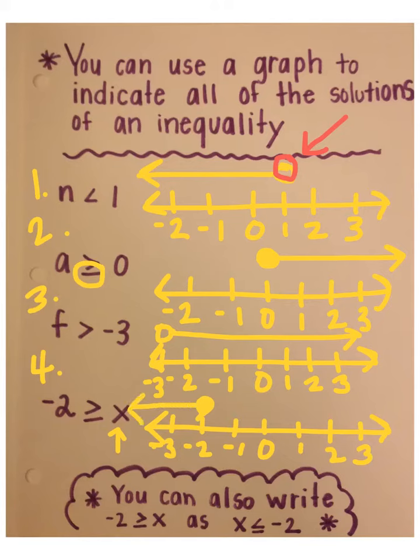Now let me explain this. If you look down here, I tell you that you can also write -2 is greater than or equal to x, as x is less than or equal to -2. Okay? If x is less than or equal to -2, that's why we go to the left on the number line. So these are the same exact inequality. They're just written in 2 different ways.